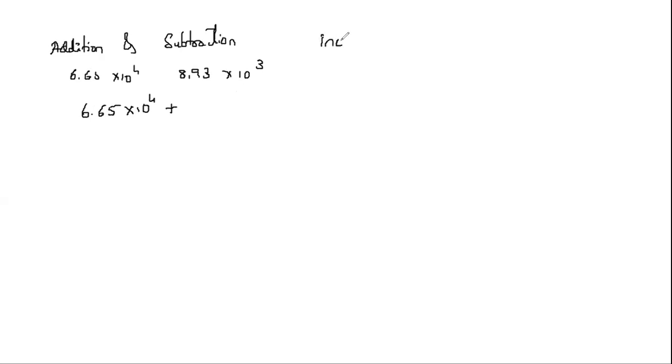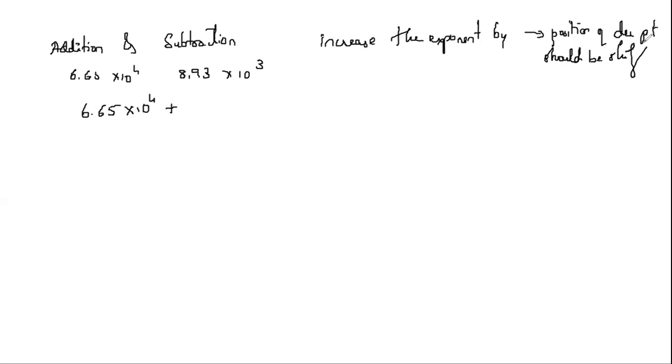If I want to increase the exponent by some digit, the position of the decimal point should be shifted to the left. That is what I'll do. I'll shift this decimal point this side and it will be 0.893 into 10 raised to 4. So now both the exponents are the same.